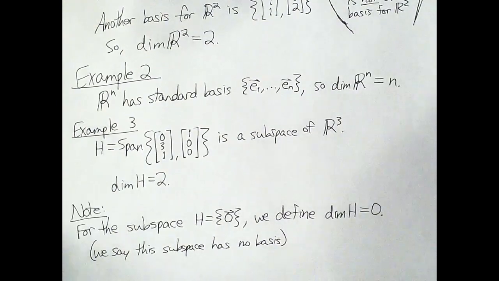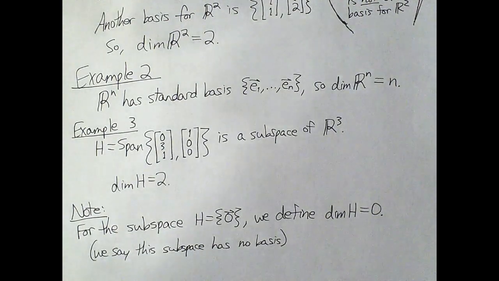It doesn't have one basis element. You can't just take the set containing the zero vector and think that maybe the dimension would be 1. That doesn't work, because we don't want to talk about the span of the zero vector.